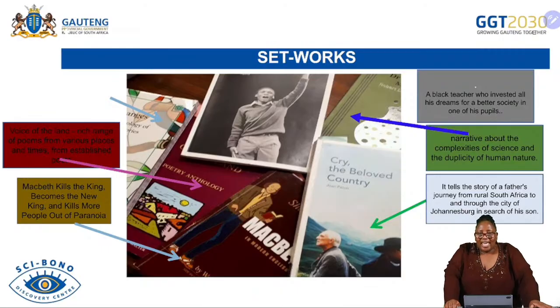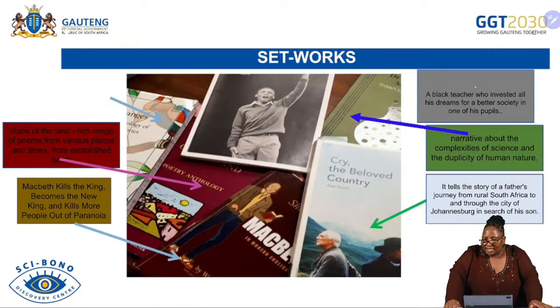We also have Strange Case of Dr. Jekyll and Mr. Hyde. Those are our two novels. It has the complexities of science and the duplicity of human nature. My Children, My Africa, a black teacher who invested all his dreams for a better society in one of his pupils.